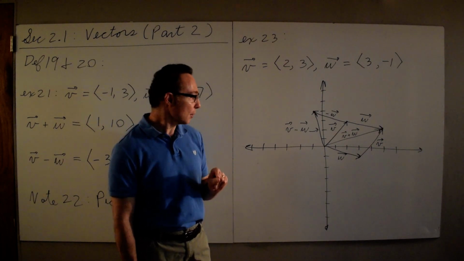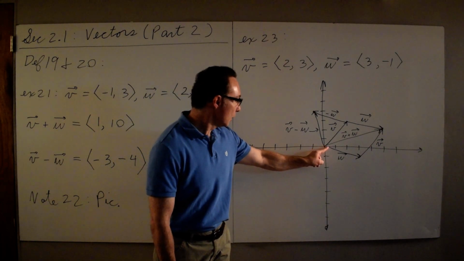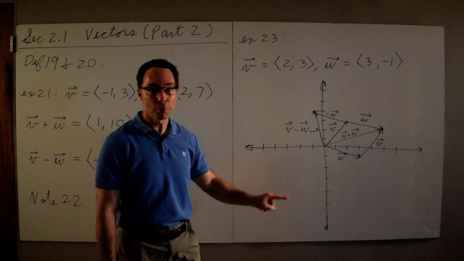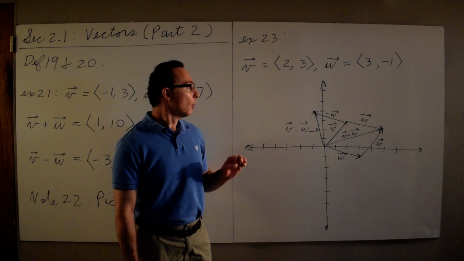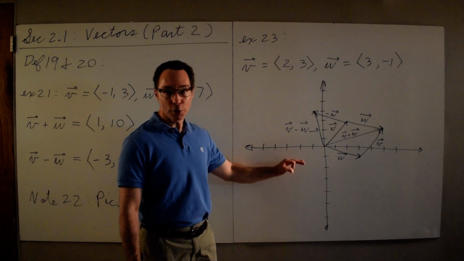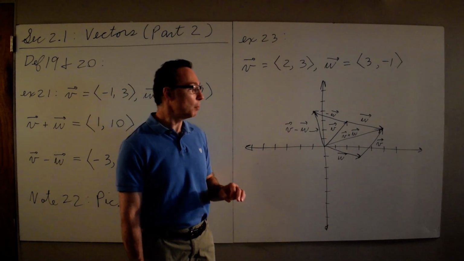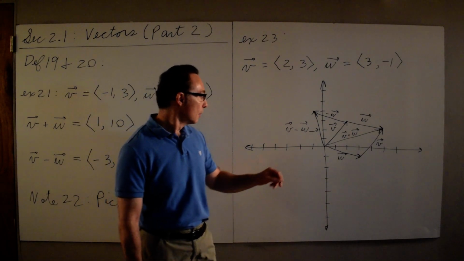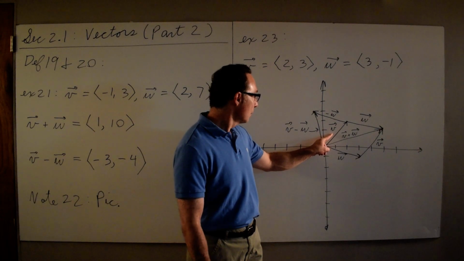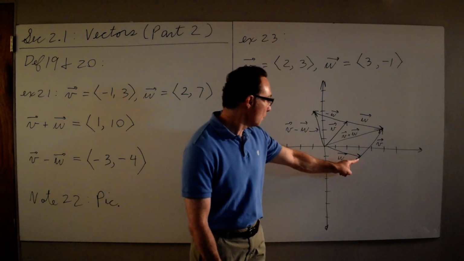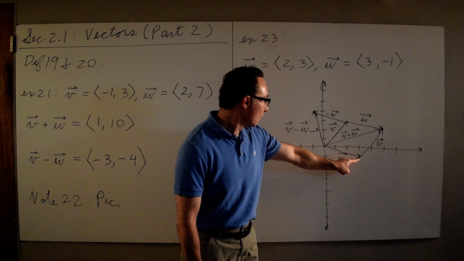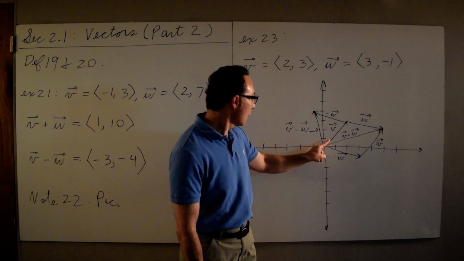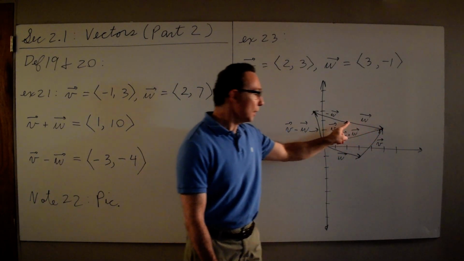The position vector representation of w is this one right here. But remember, vectors have length and they have direction, but they don't really have a position associated with them. So we can take our vector v and we can put it someplace else, and we do. We put another vector v right here, and we have a second vector w right here.